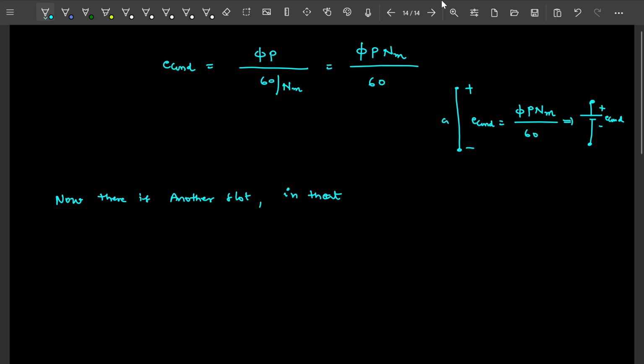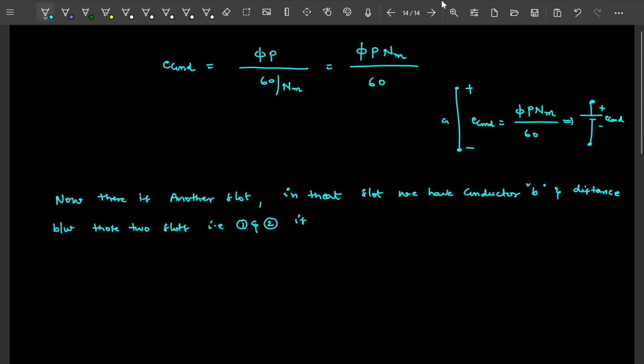In that slot we have conductor B. And the distance between those two slots, that is slot 1 and slot 2, is nothing but the pole pitch, which will be equal to 180 degrees electrical pole pitch. That is how it is going to be, in this way.